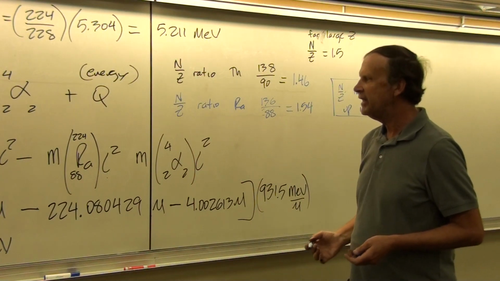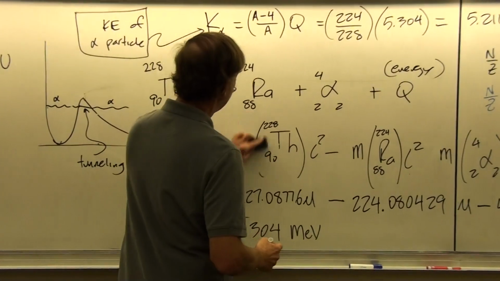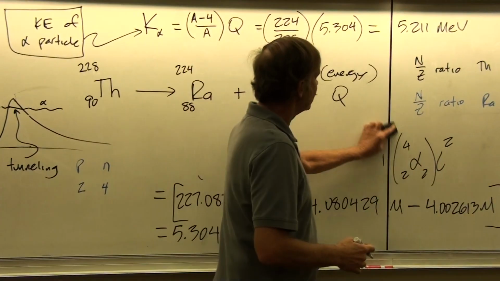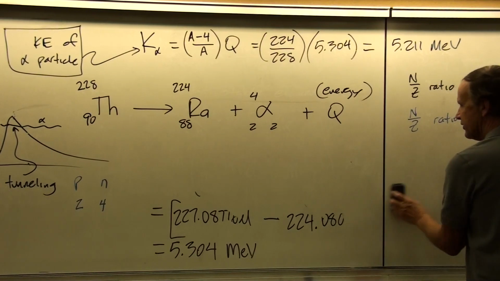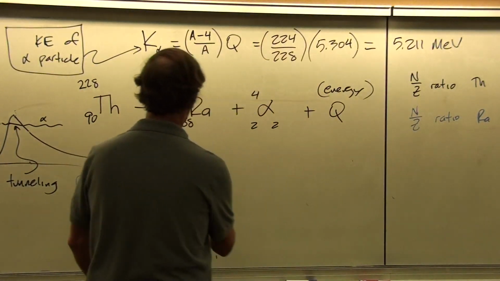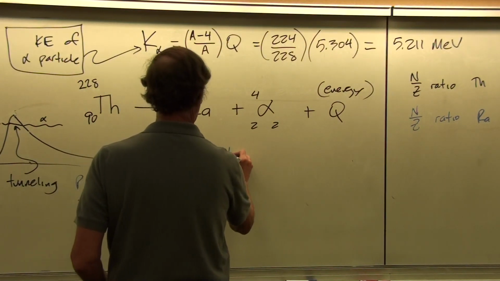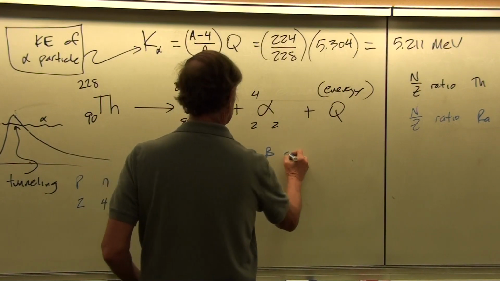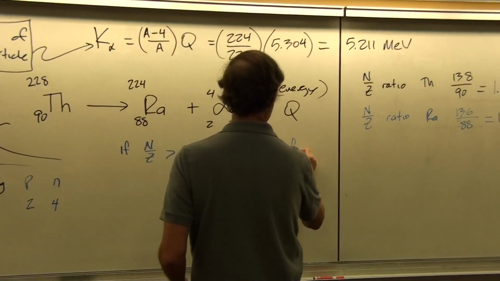Whereas in a beta decay process, it's the opposite. In a beta decay, this is the other side of the coin. If the N to Z ratio starts out greater than 1.5, then beta decay is going to be favored, to bring it back to 1.5.